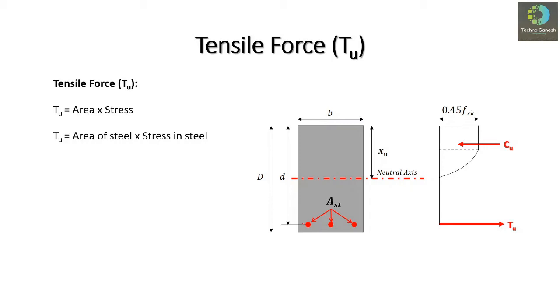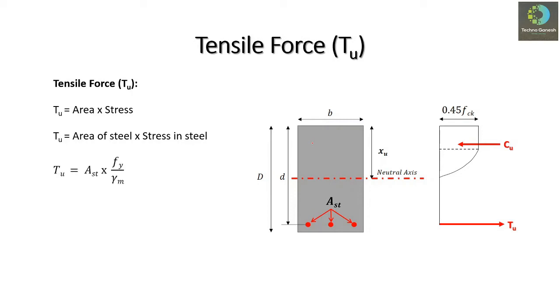Now, as per the assumptions we made for the limit state of collapse in flexure, the stress in steel can be calculated using the stress-strain curves provided in the IS code, and for that again we have to apply the partial factor of safety.